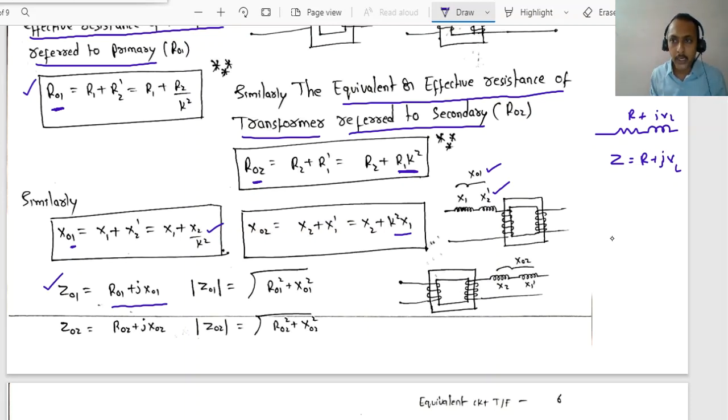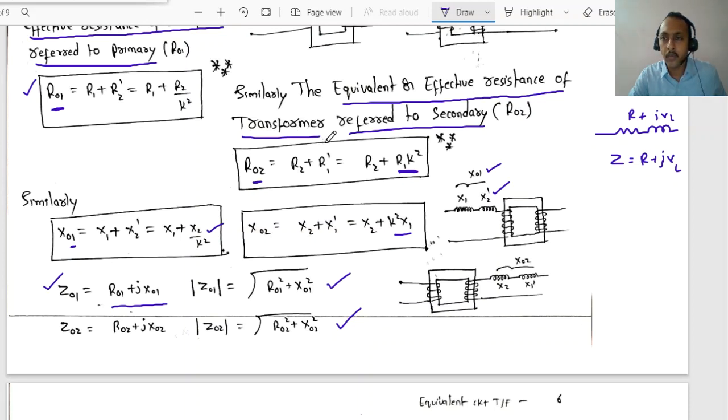What about its mod Z? Root over R01 square plus X01 square. This is Z01. Similarly, secondary side, root over R02 square plus X02 square. So this is all about transferring the resistance, reactance and impedances from one side to another.